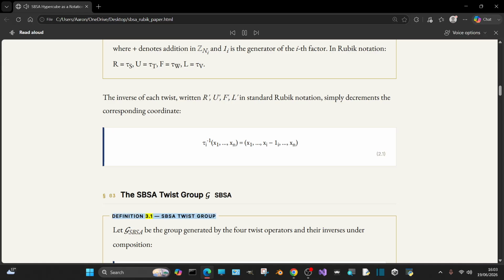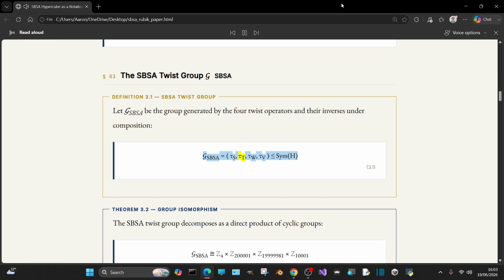Definition 3.1, SBSA twist group. Let G_SBSA be the group generated by the four twist operators and their inverses under composition. Theorem 3.2, Group Isomorphism.